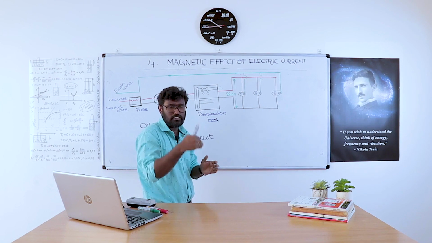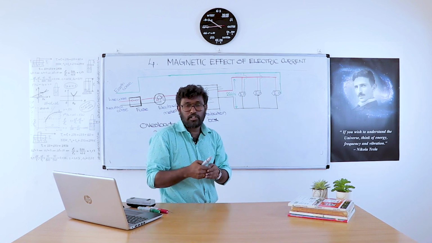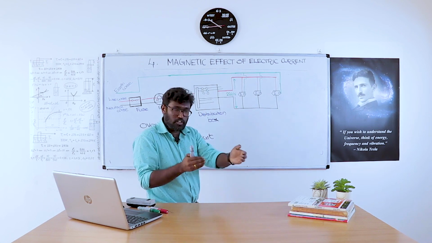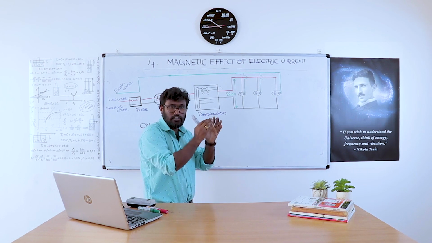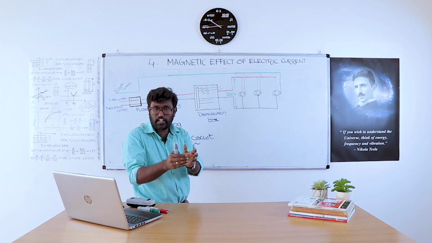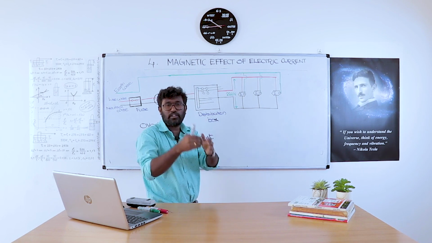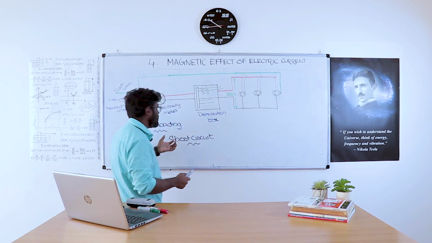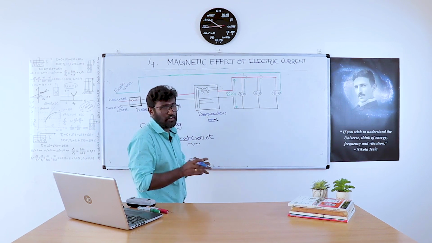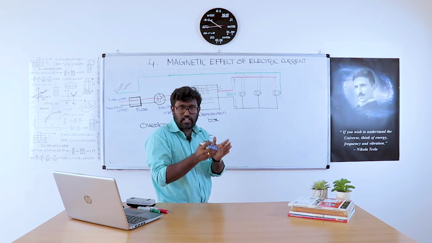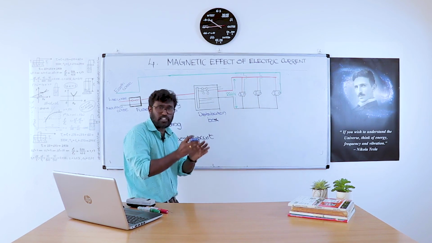How is there fire? If a large amount of current is drawn by the socket, there is overheating in the wire and the wire will break, and there is a chance of short circuiting at that time. What is meant by short circuiting? Short circuiting is the direct contact of live wire and neutral wire. If the live wire accidentally contacts the neutral wire directly, then there is a chance of short circuiting and fire.